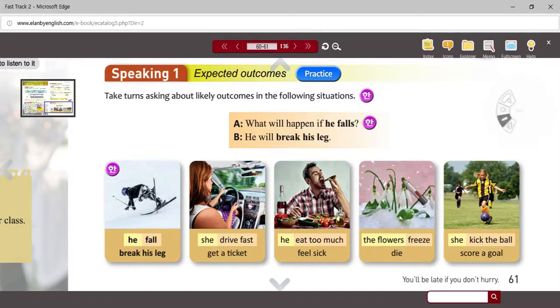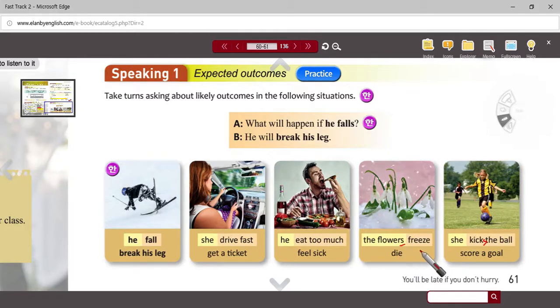Notice with the third one here, we're talking about more than one thing. So the verb does not take a third person S. If she drives fast, if he eats too much, if she kicks the ball, these all have a third person S. But we're talking about more than one flower, so this does not need a third person S. What will happen if the flower freezes?